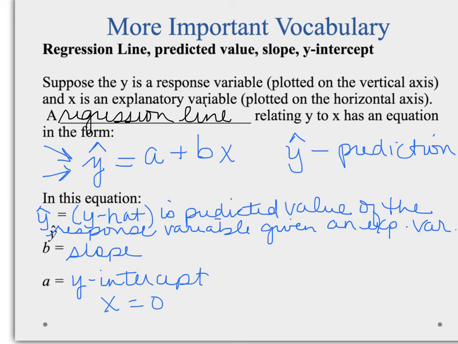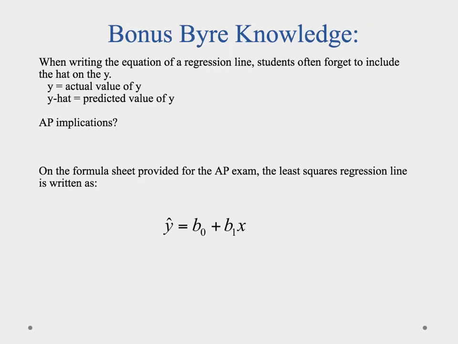Okay, so x equals 0 at the y-intercept, but you already know this. Here's a little bonus AP knowledge because I think it's important that I tell you a few things. On the AP exam, when writing the equation of a regression line, often students will forget to put the hat on the y hat. This is really, really important because remember that y is the actual value of y, but y hat is the predicted value of y.